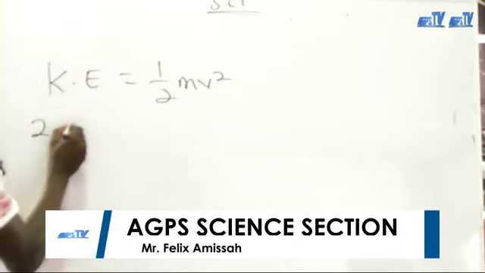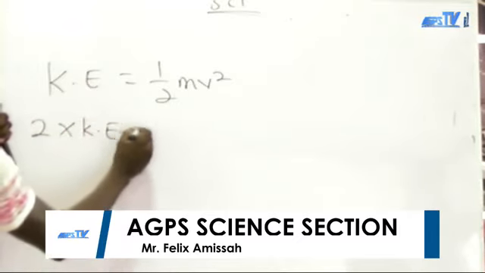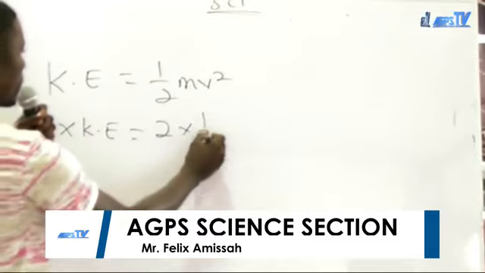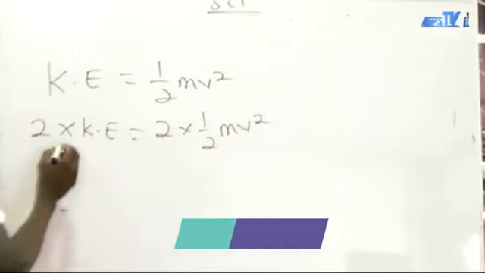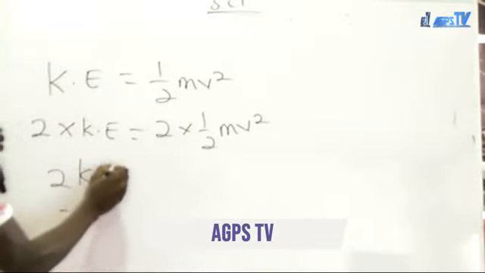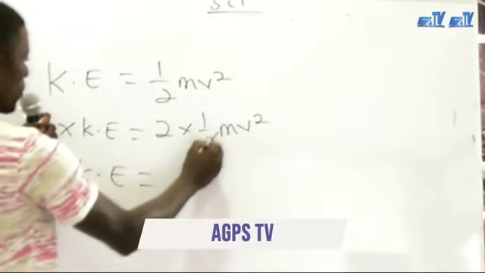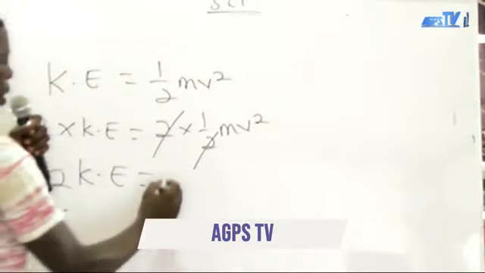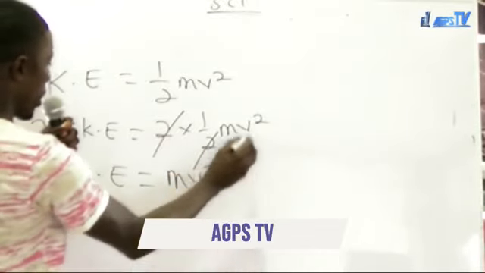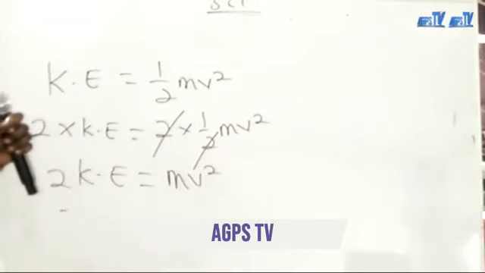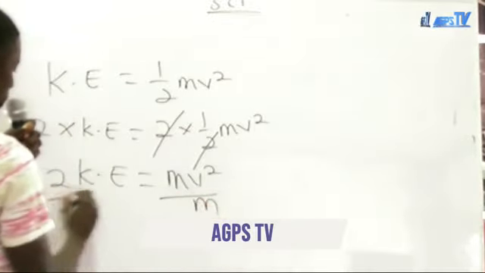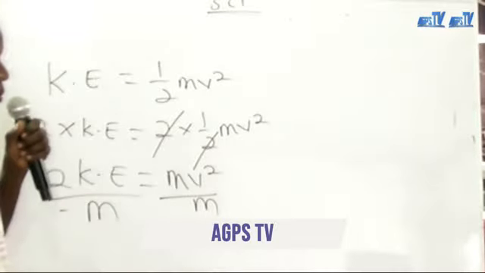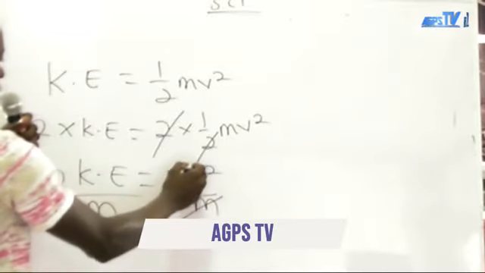So 2, so here you get 2 KE. These two will cancel these two. You have v squared. We are making v squared the subject. So divide both sides by m, so that this m will cancel this m.